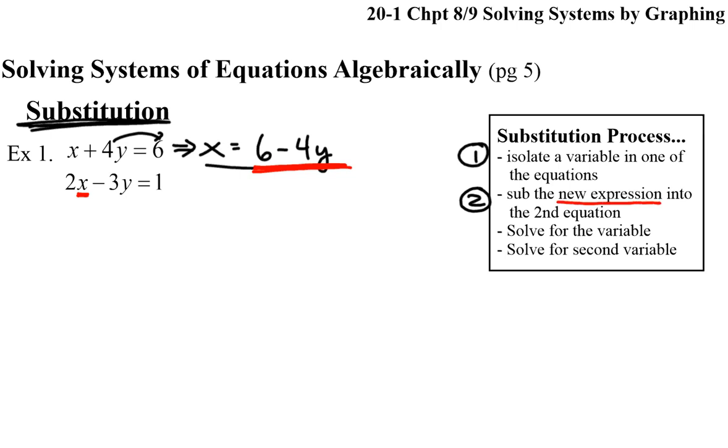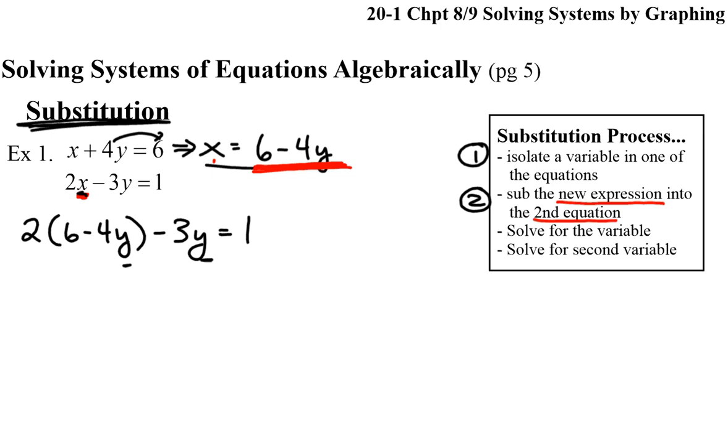So the new expression goes into the second equation. We've identified x as 6 minus 4y, so I can now plug that into the second equation. So I would now go 2, but instead of x, I can plug in my 6 minus 4y, minus the 3y that's there, equals 1. By substituting in for that x variable, we see we now only have a y variable.